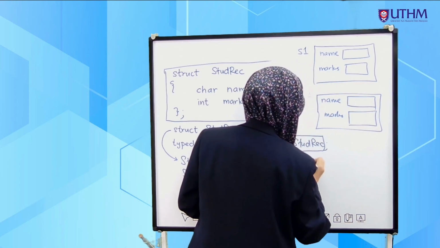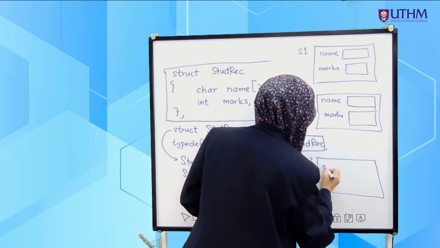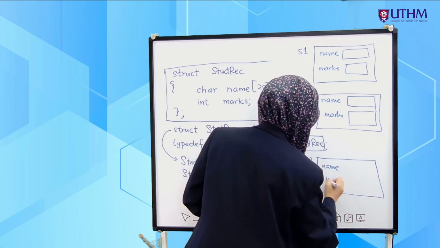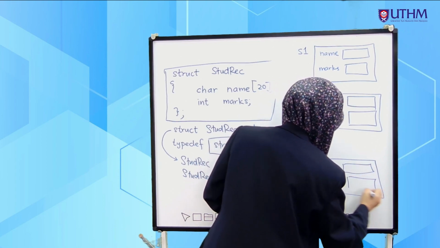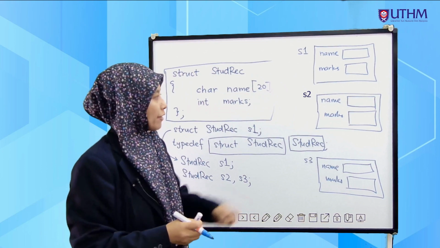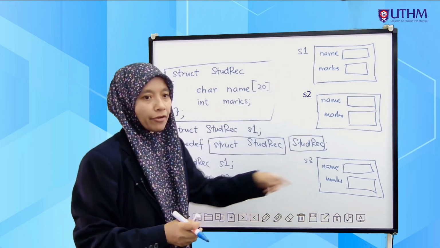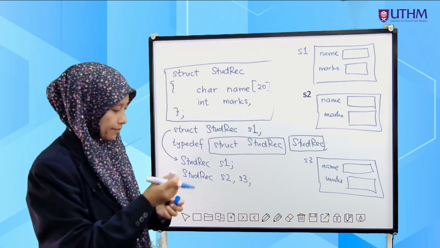And S3, with two members as well, name and marks. So clearly now we have three struct variables, S1, S2 and S3.